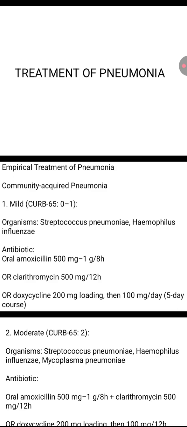The organisms responsible for community-acquired pneumonia are Streptococcus pneumoniae and Haemophilus influenzae, and the antibiotic we give is oral amoxicillin 500 mg to 1 gram 8 hourly, or oral clarithromycin 500 mg 12 hourly, or oral doxycycline 200 mg loading, then 100 mg per day for a 5 days course. It is a mild pneumonia, so you use tablets.